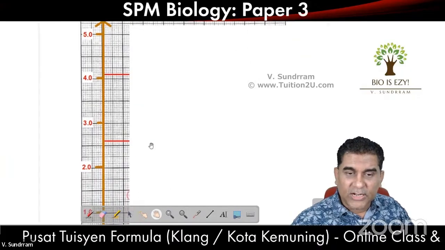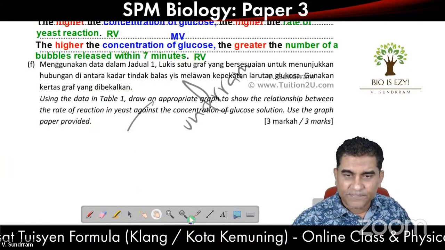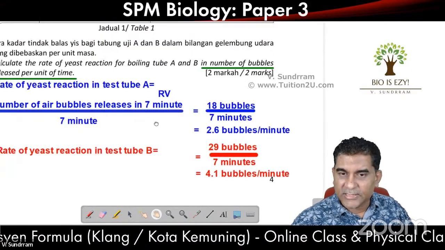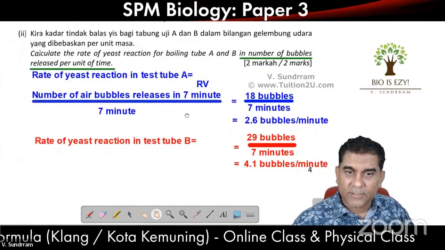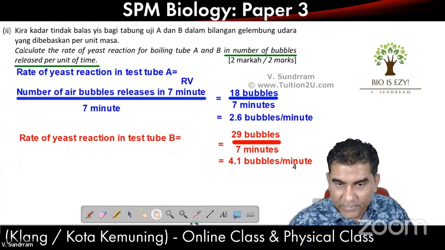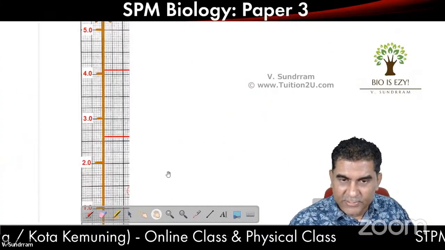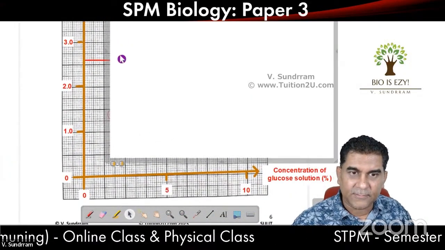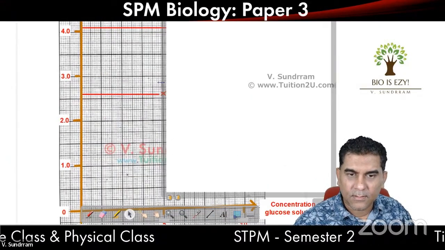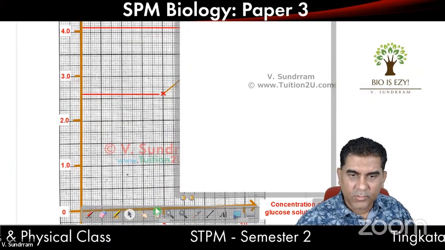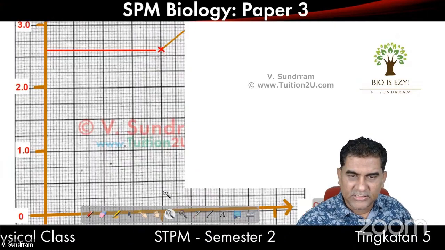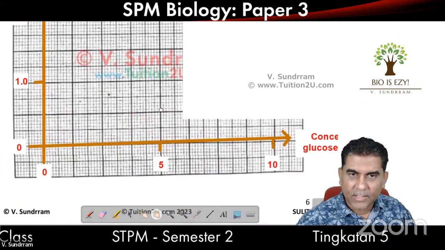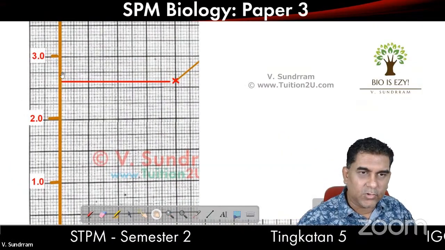Now to plot the graph, the two values that I have are 5% is 2.6, 10% is 4.1. So we first draw the 5% one. So we go to the 5%. This is the 5% line. So we go to 2.6.